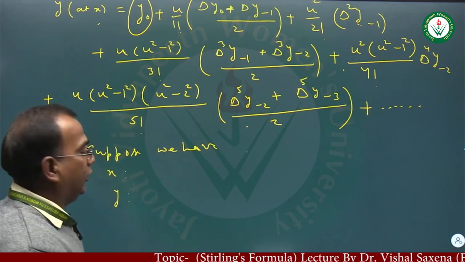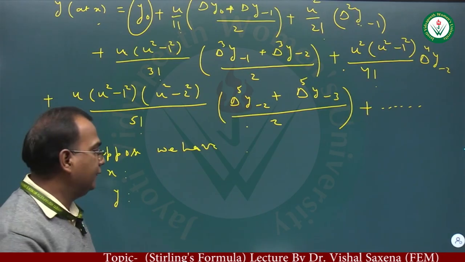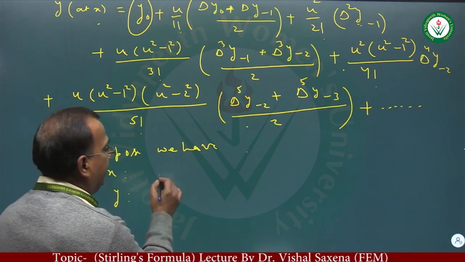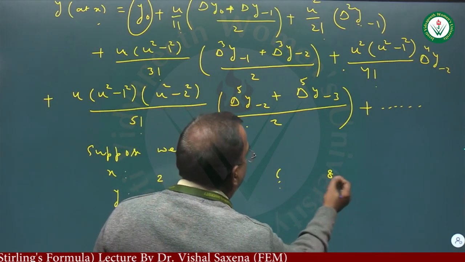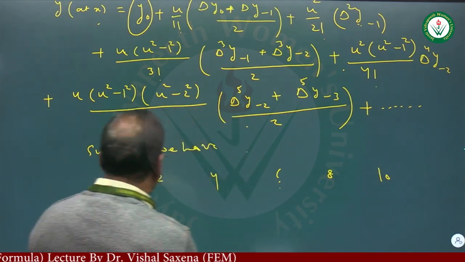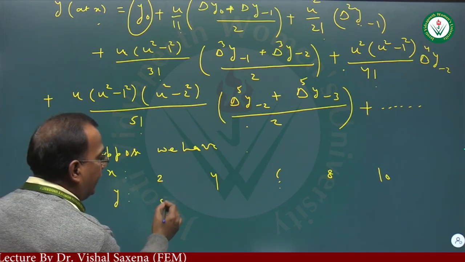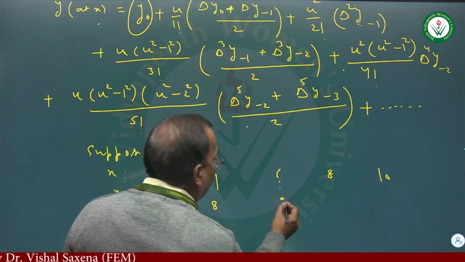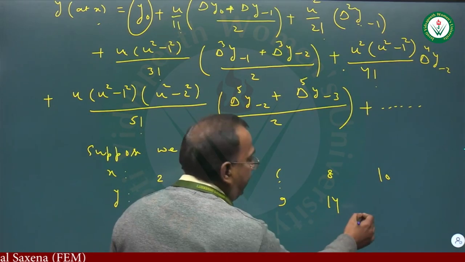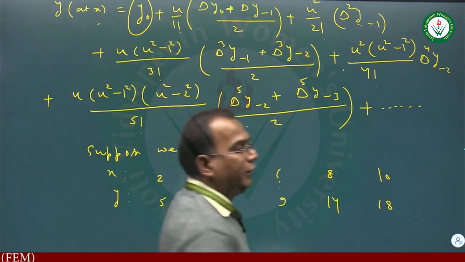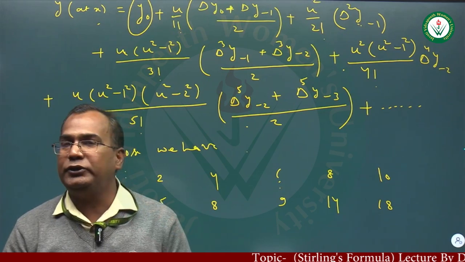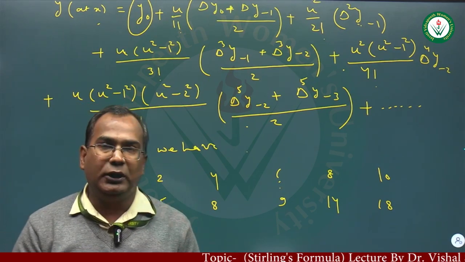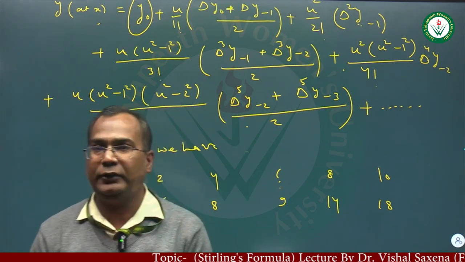Suppose for the values of x and y we have some data: x is 2, 4, 6, 8 and 10, and the values of y are 5, 8, 9, 14 and then 18. I have taken this example to explain in what manner we should give the names, how we should take x naught, x1 and so on.